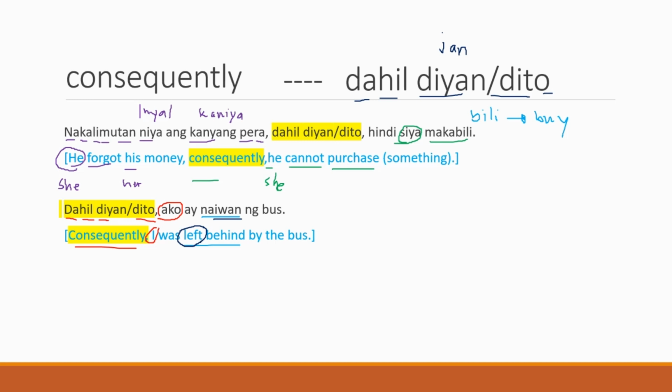But in Filipino, we pronounce it as bus. Okay, again. Dahil dyan, dahil dito, ako ay naiwan ng bus. So, that's for dahil dyan or dahil dito.